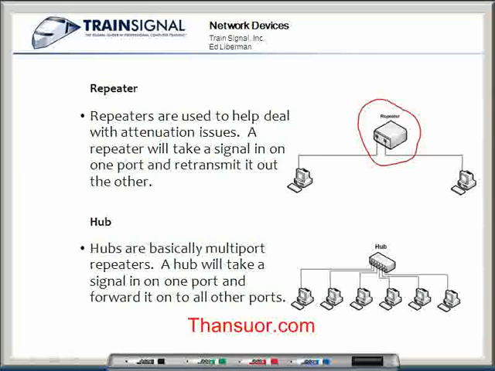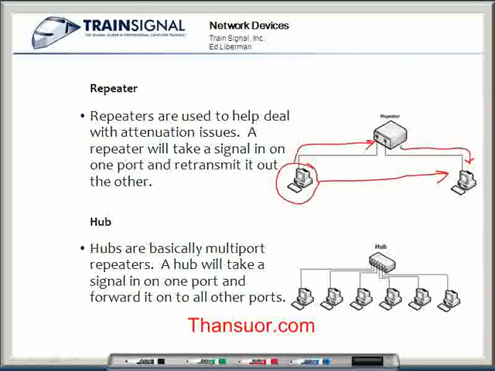So in other words, if this computer here wants to communicate with this computer over here, but this computer's too far away to receive that transmission successfully, then we have to implement a repeater so that the computer can send it, and the repeater will hear the signal and retransmit it again so that it can make it the rest of the way to the receiving computer.